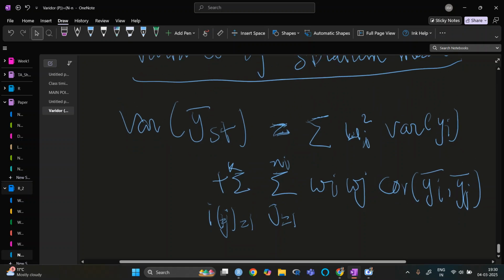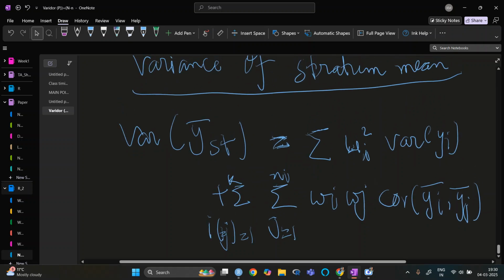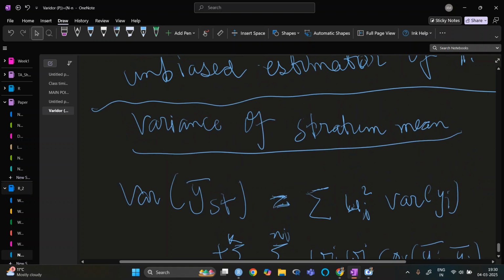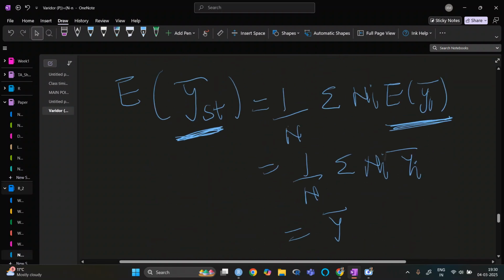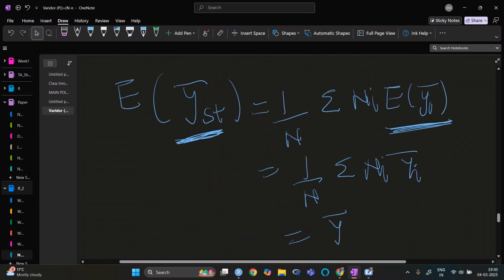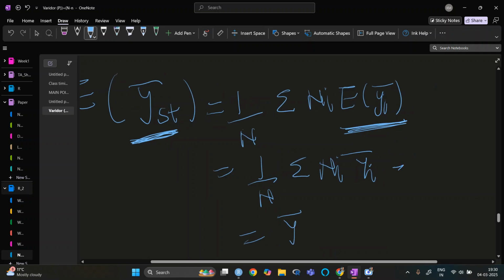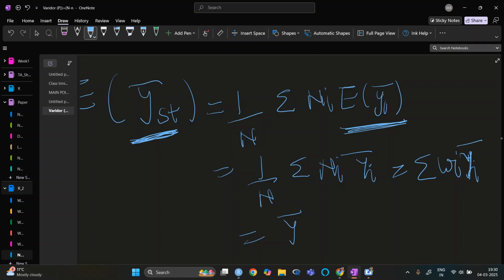Okay, now why is that? If you try to understand from here, the expectation of ȳ_st is basically this one, w_i capital Ȳ_i.